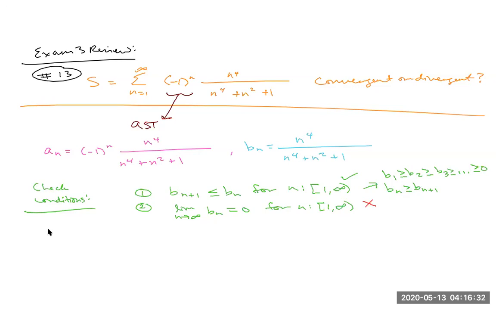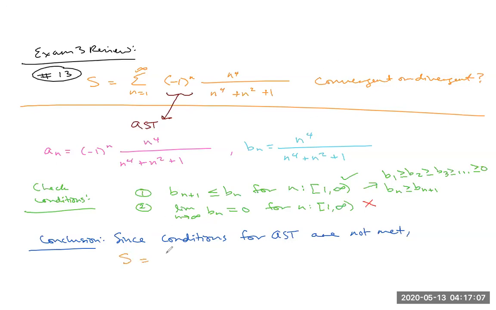So conclusion. Since conditions for AST are not met, S, the summation of A sub n, is divergent.